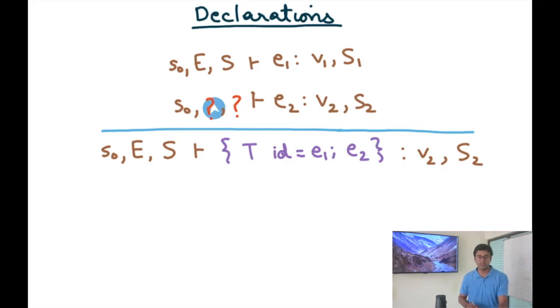We call that environment E maps an ID to a location. And then the store should also reflect this fact. Not only should the store have all the side effects that are present in S1, but the store should also have written the value V1 at the location that ID represents, because that's what ID equals E1 is supposed to do. It's supposed to write the value evaluated by E1 into the location that ID represents.